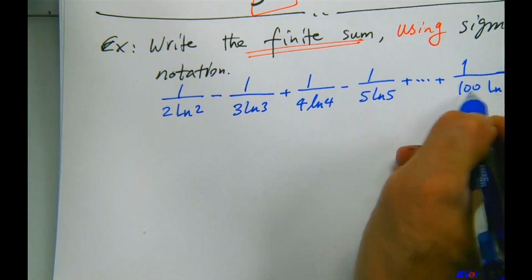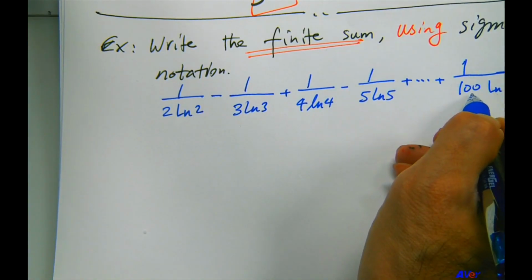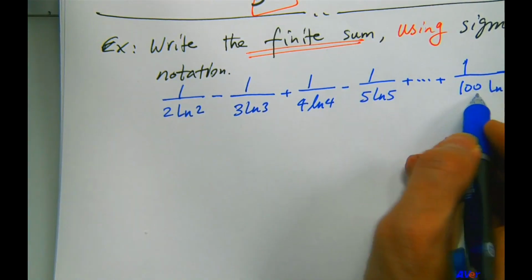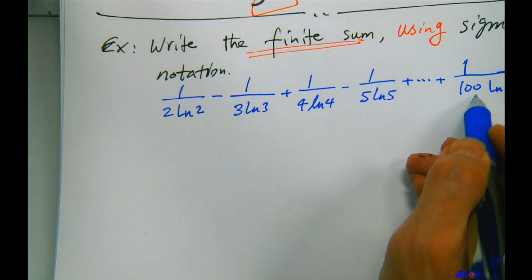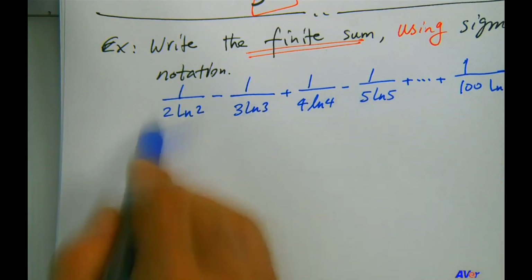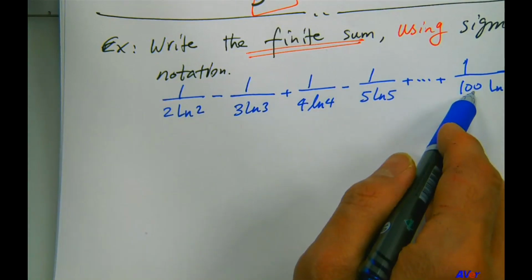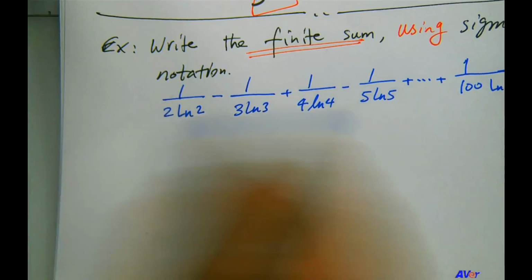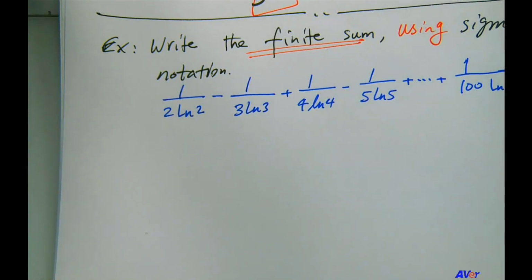So that one will be 1, 2, 3, 4. So that one would be the 99th one. So that would be 99.